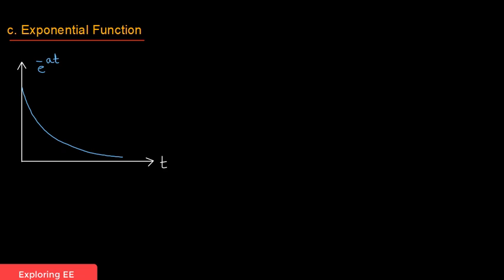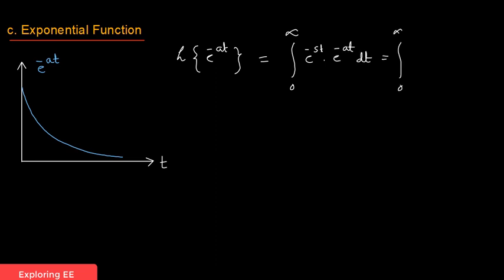Moving on to the exponential function, e to the power minus at, that is an exponentially decaying curve. The Laplace transform of an exponential function is given by L of e to the power minus at, which equals the integral from 0 to infinity of e to the power minus st multiplied by e to the power minus at dt. That is the integral from 0 to infinity of e to the power minus (s plus a) times t dt.